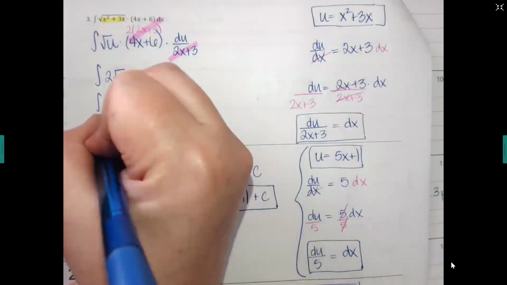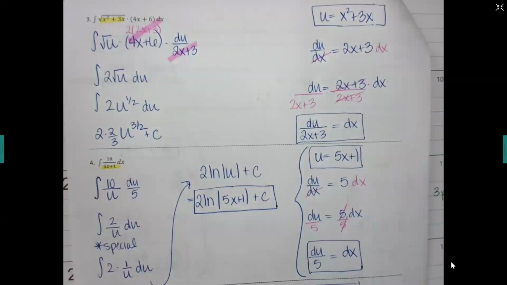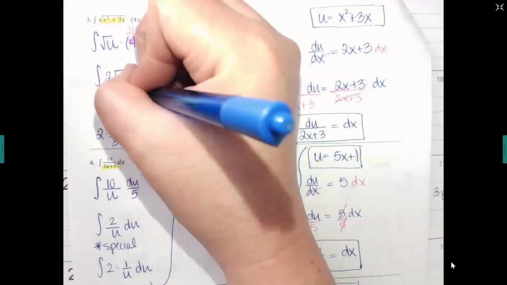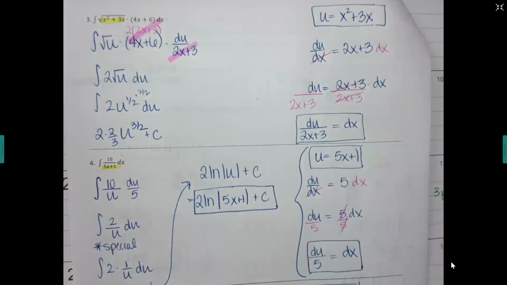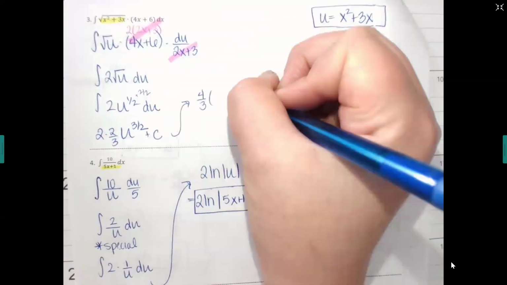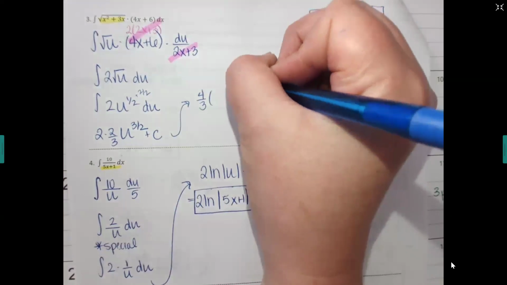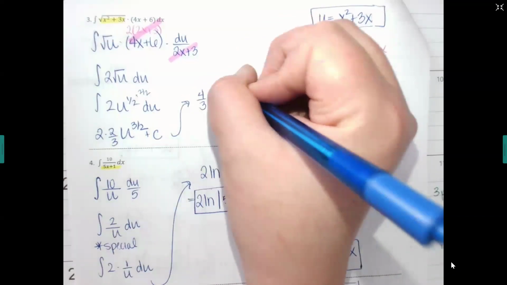So that now it'd be a 2/3. So you're still going to add 1, but you're adding it as 2/2. 1/2 plus 2/2 is 3/2, then flip it to the front. What is 2 times 2/3? 4/3, u to the 3/2, and then put your u back in as x squared plus 3x.